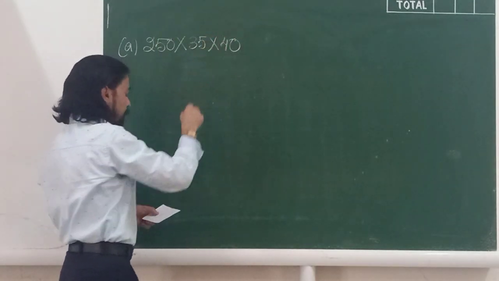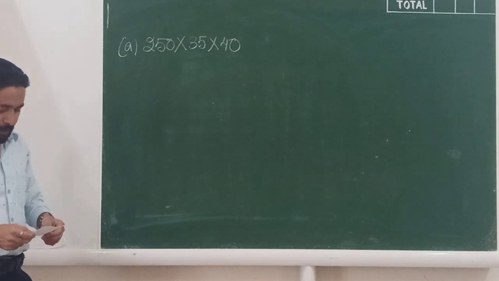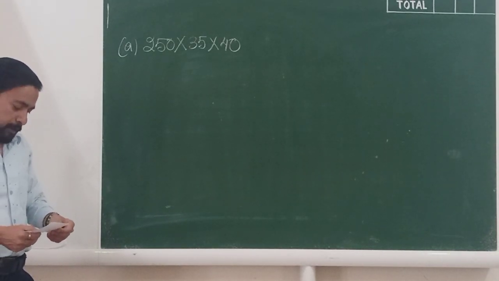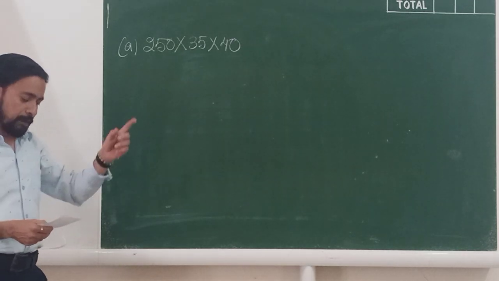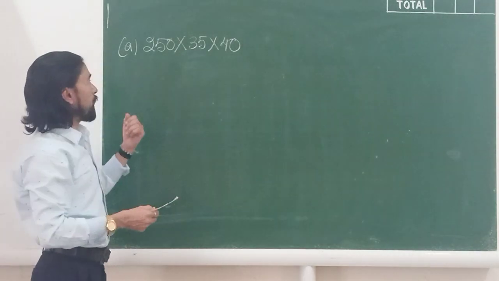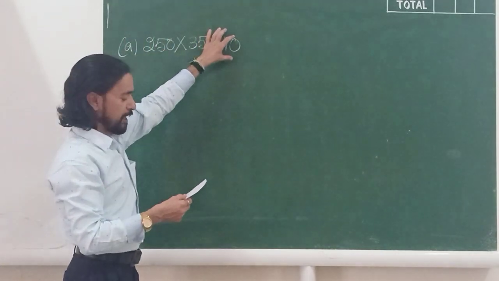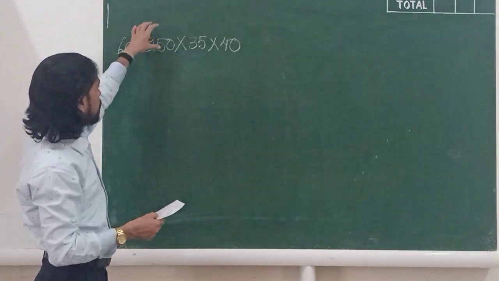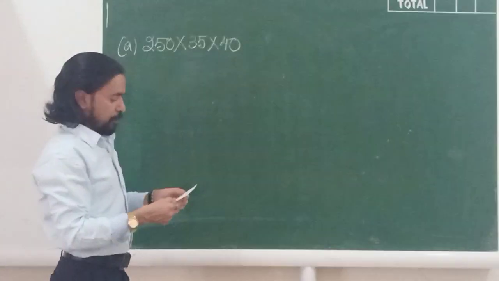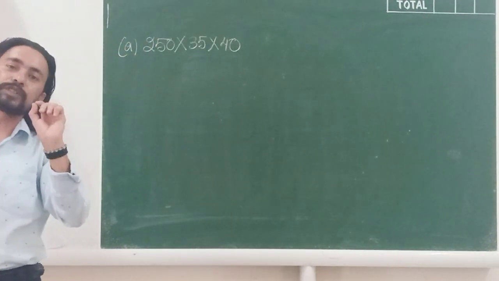Now if I look for number 40, it is given in the thousands table. 40 into 25. So 40 into 25 is given. So I can take 40 into 25, which will be giving me again 1000.